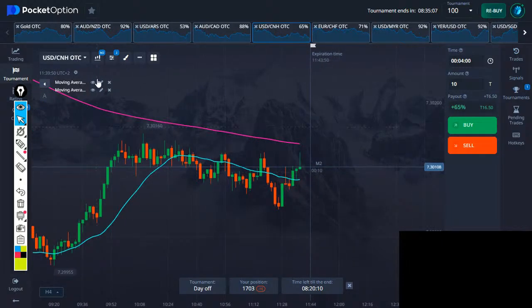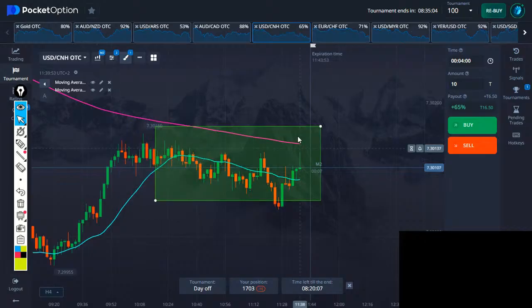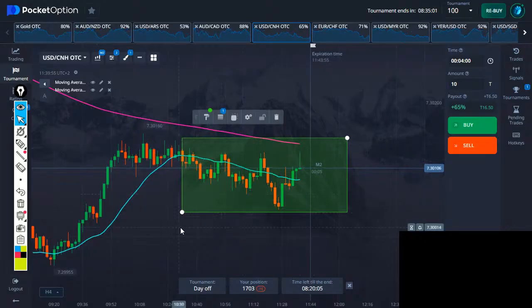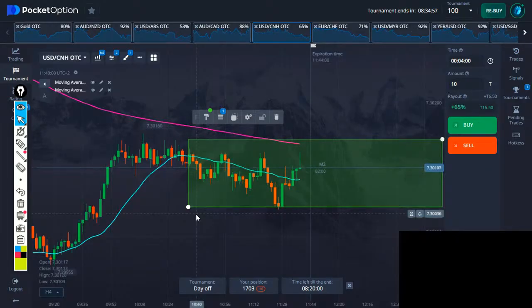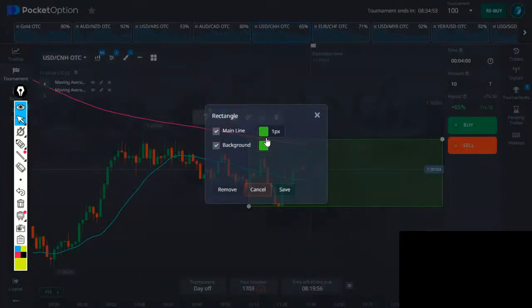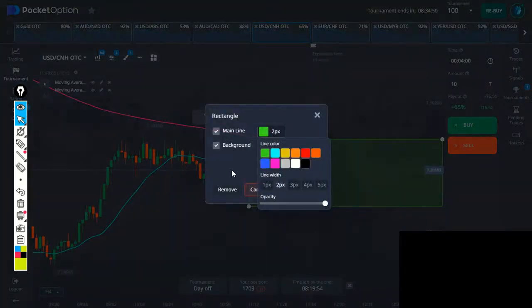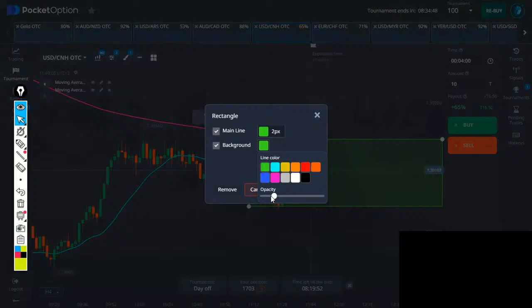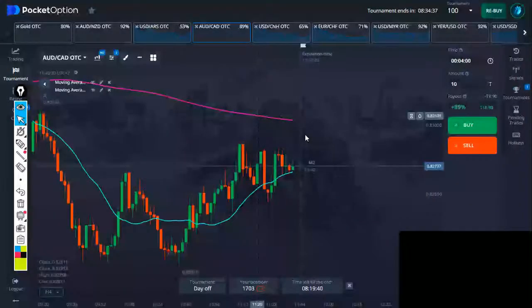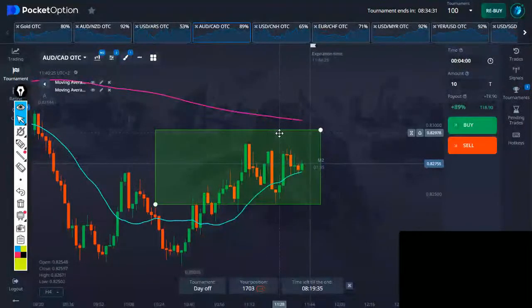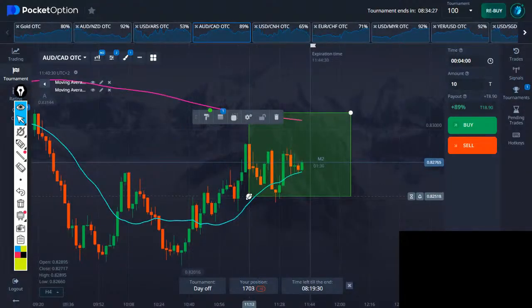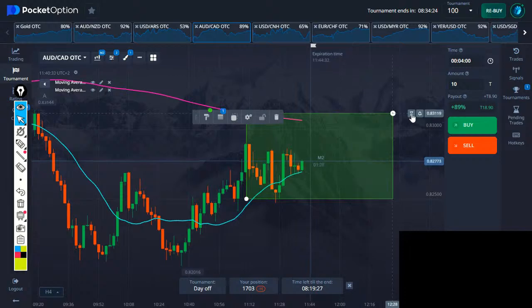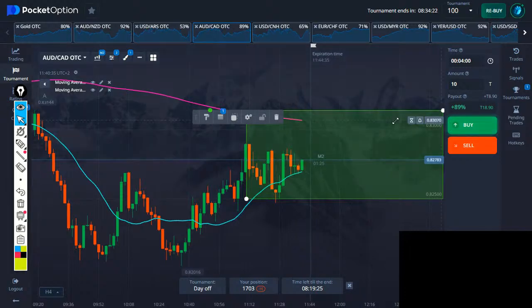This is nice. Let's identify our zone. So nice. Set your zone.